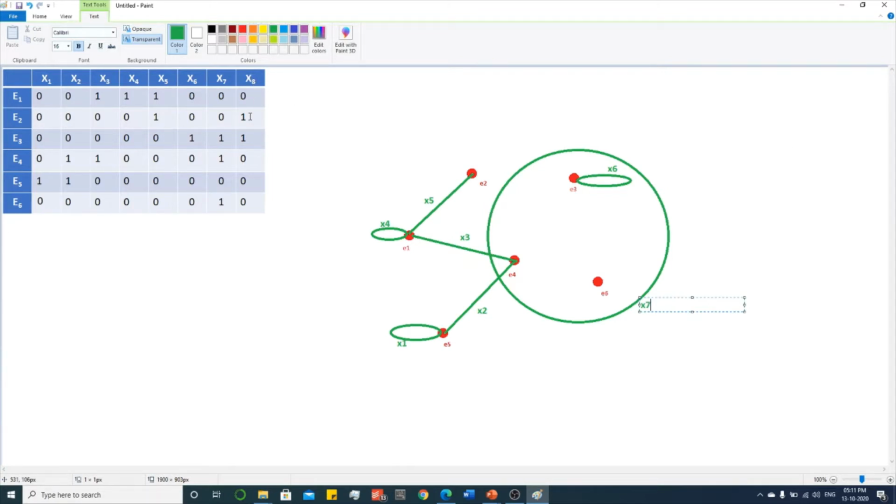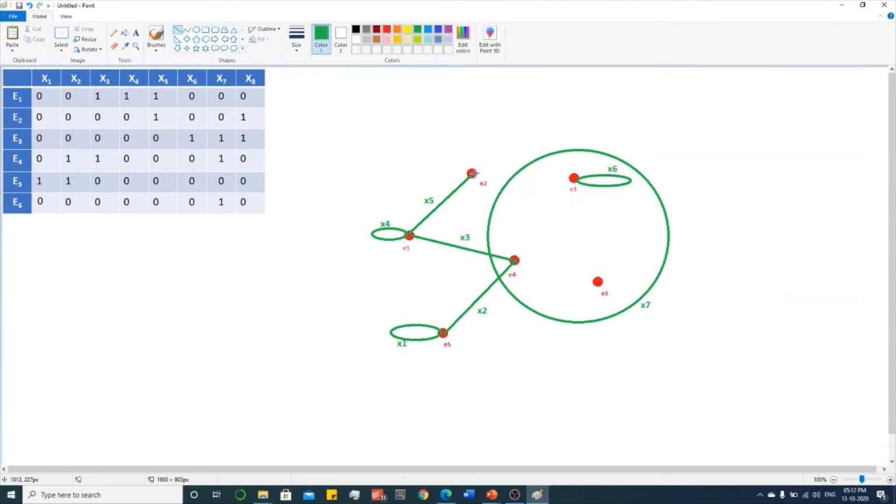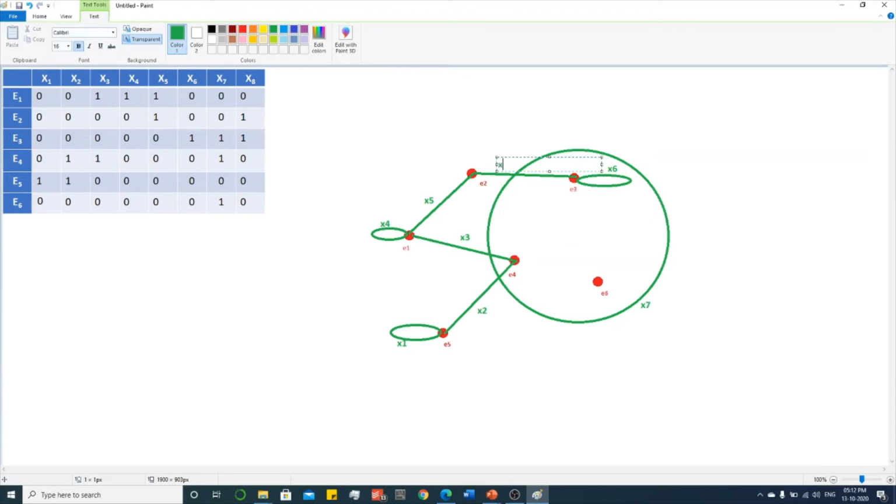X8 is connected to E2 and E3. So it will be a line between E2 and E3 and we name it as x8. So this is the dual hypergraph.